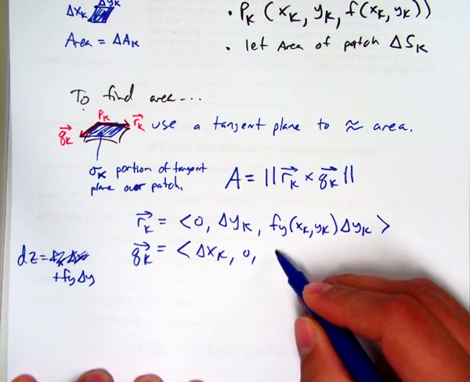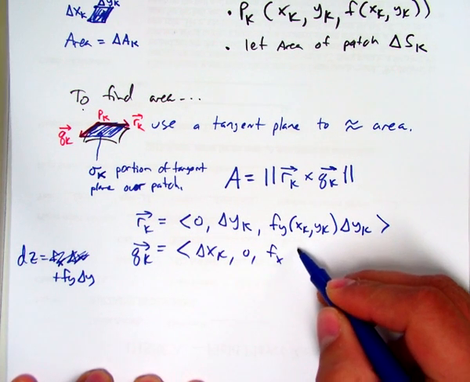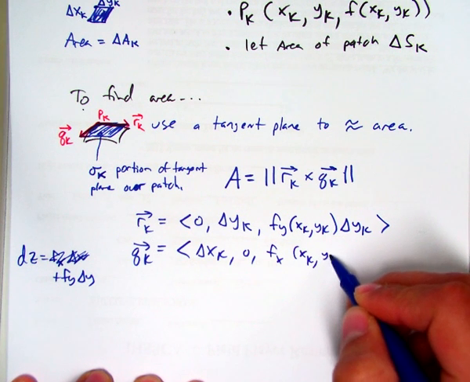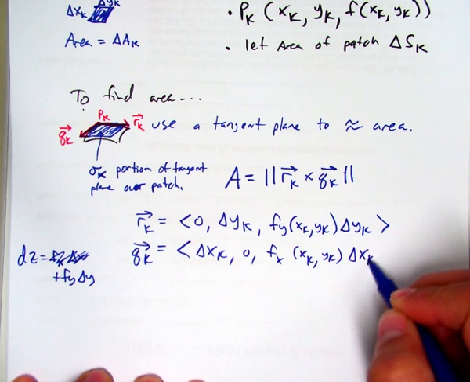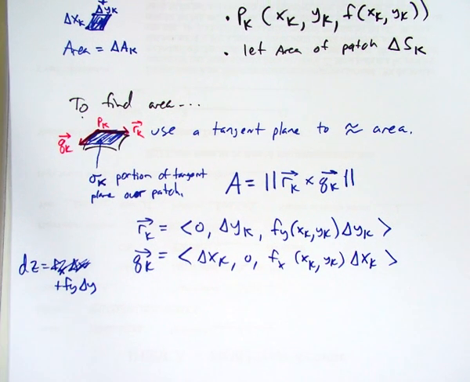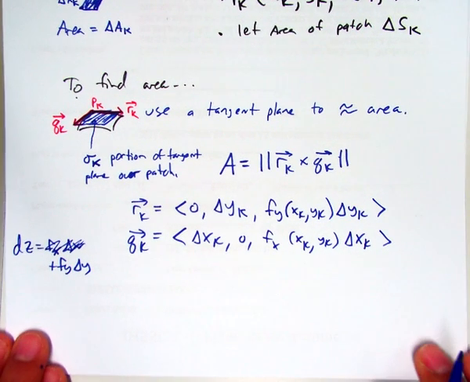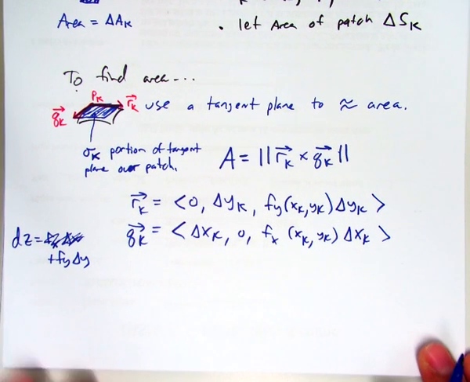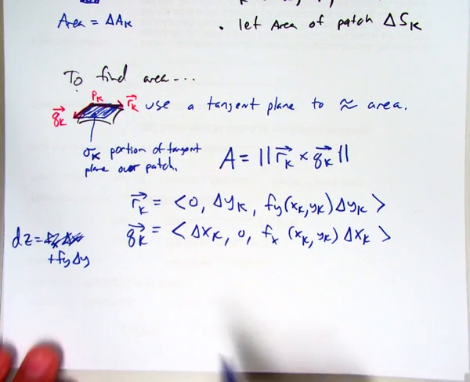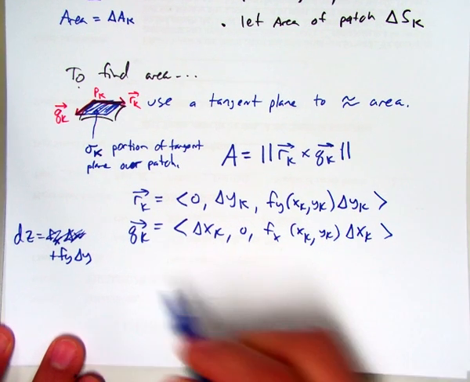Delta x sub k. Okay, I got it. So let's find the magnitude.